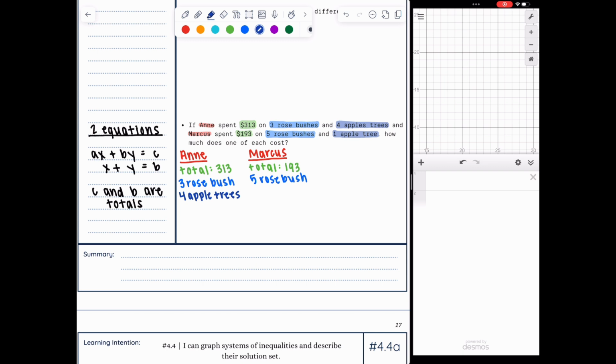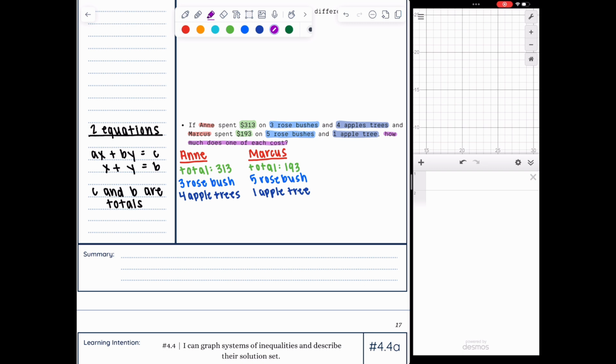So that gives you an idea of what the system looks like and the parts that make up the system. It's really nice to have this list here to be able to look at the things that compare Anne and Marcus, because they each bought the same things, they just bought different quantities of those things. And so the question that you're asked here is, how much does one of each of these items cost? So how much is 1 rose bush and how much is 1 apple tree?